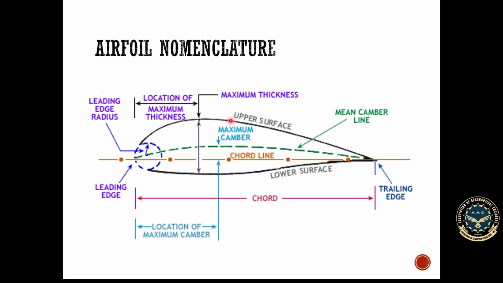If you draw many sections like this and plot the midpoints of all those sections, and connect the locus of all the midpoints, you will get your mean camber line. The mean camber line basically divides your airfoil into two equal halves. Not symmetric halves, but two equal halves. It's basically the locus of the midpoints.